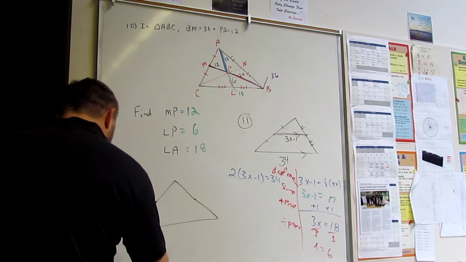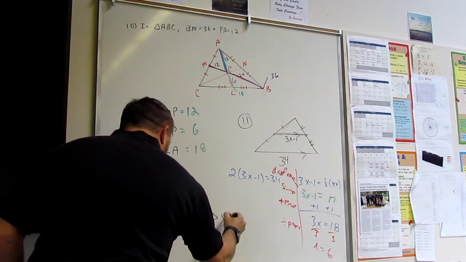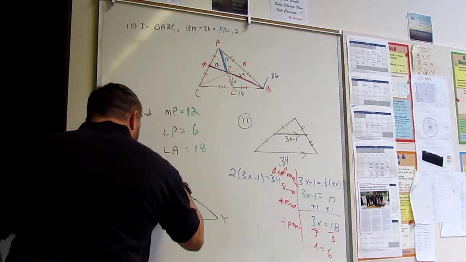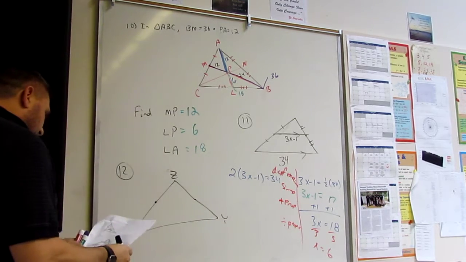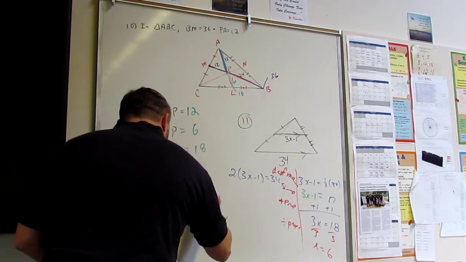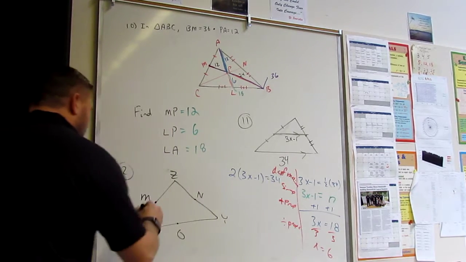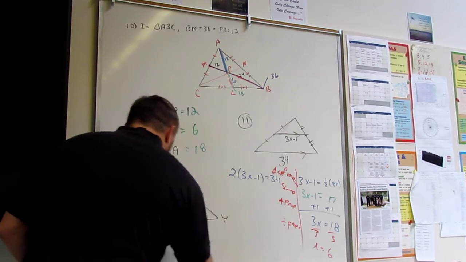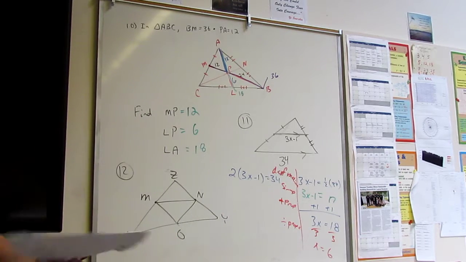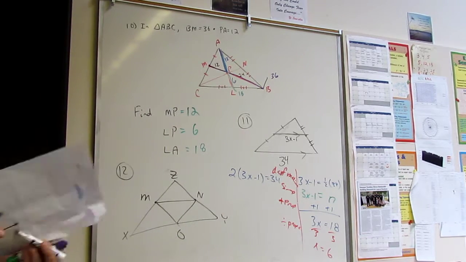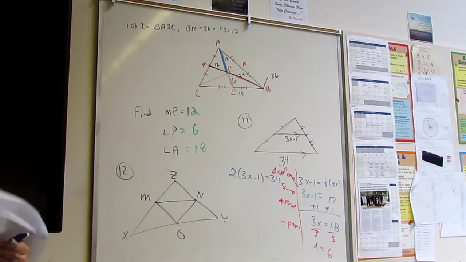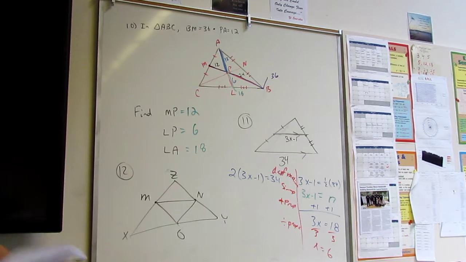So you have x, y, and z. And then you have m, n, and o. And what m, n, and o do is they cut this thing in half. They're all medians, in other words.